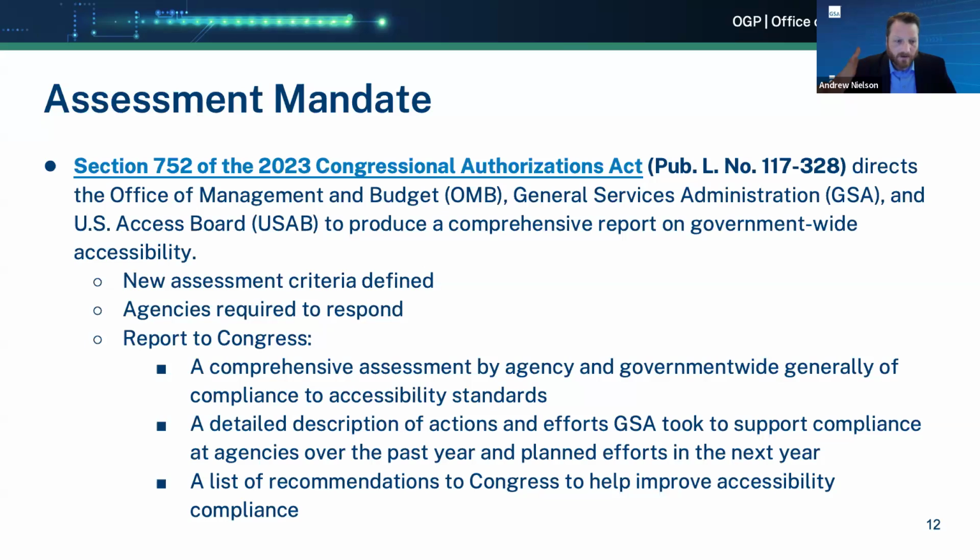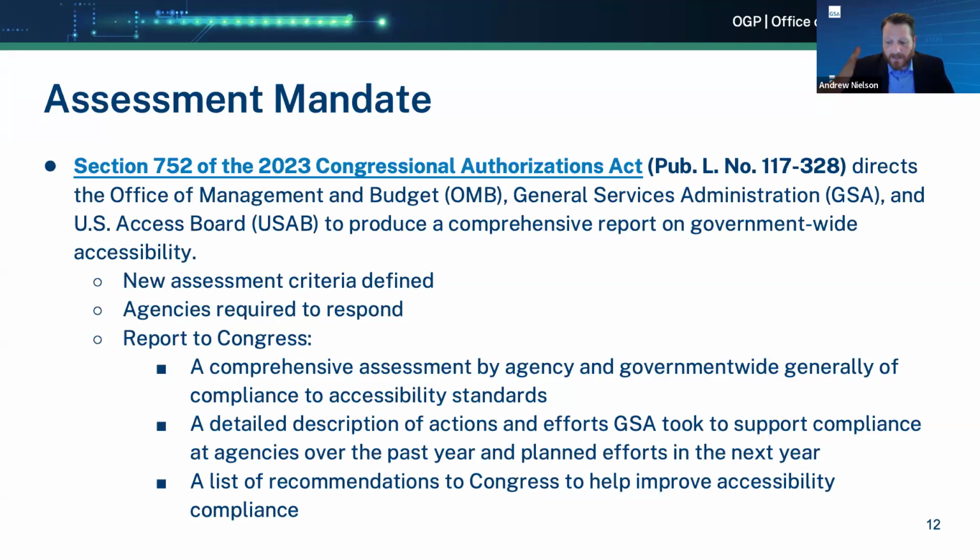And of course, the U.S. Access Board is our close partner as well. But that report stipulated a few requirements in that legislation from Congress. First, that we produce a comprehensive report by agency, and then government-wide generally, on the compliance of those agencies with the accessibility standards.